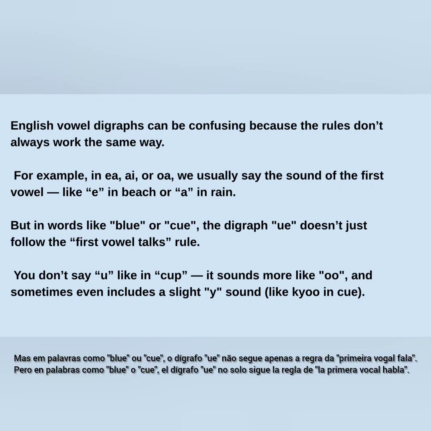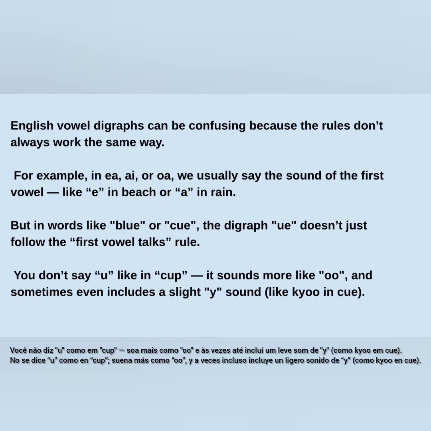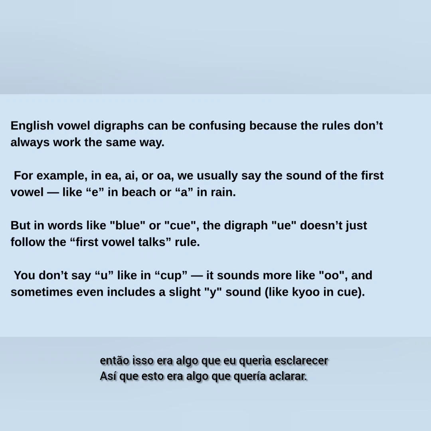But in words like blue or Q, the digraph UE doesn't just follow the first vowel talks rule. You don't say uh as in cup. It sounds more like ooh, and sometimes even includes a slight y sound, like you in Q. So, this is something I wanted to clarify.